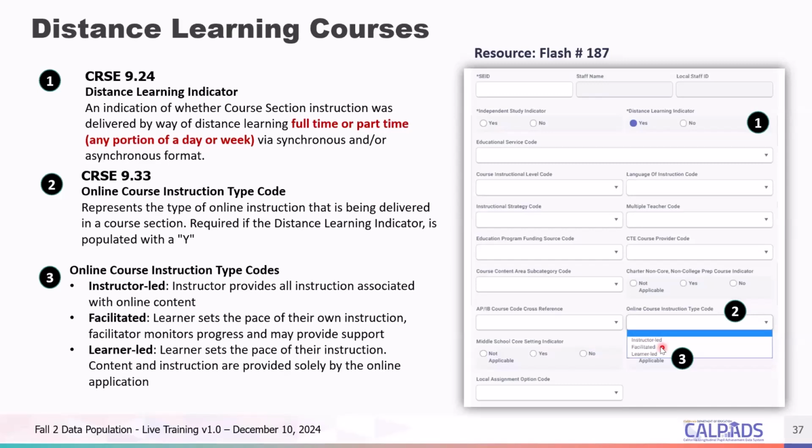the learner sets the pace for their own instruction, and a facilitator monitors progress and provides support. The course section content here may be based on an online program or other instructional materials like textbooks again, but it's solely provided in an asynchronous manner.